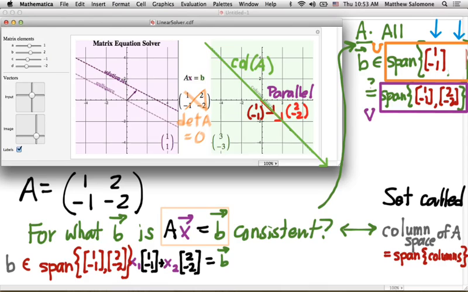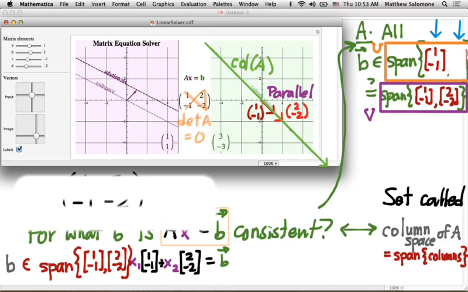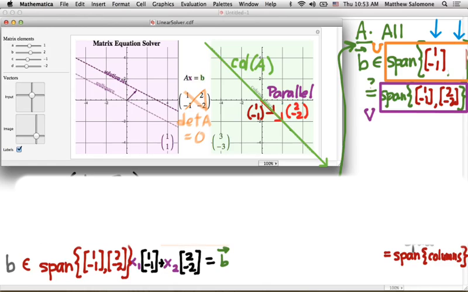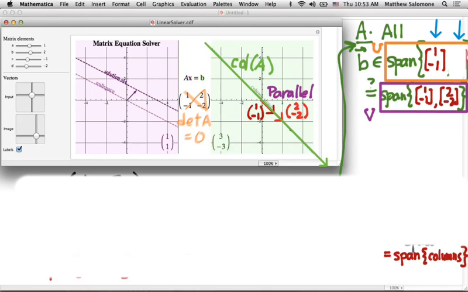How do we have to prove that? Thinking back to your proofs and set theory, if I'm trying to show that two sets are equal to one another, what's my burden of proof?